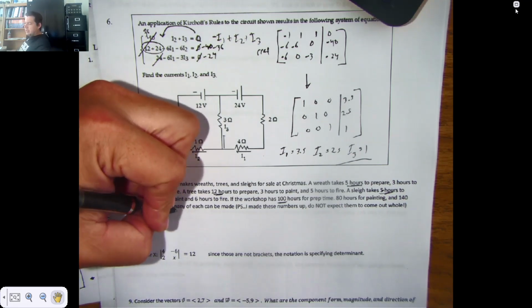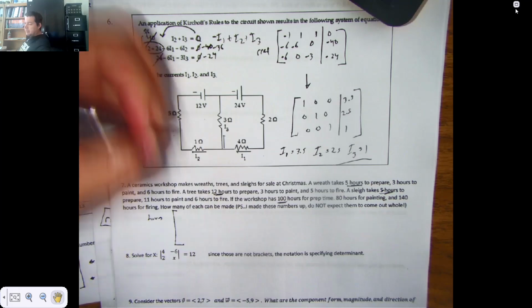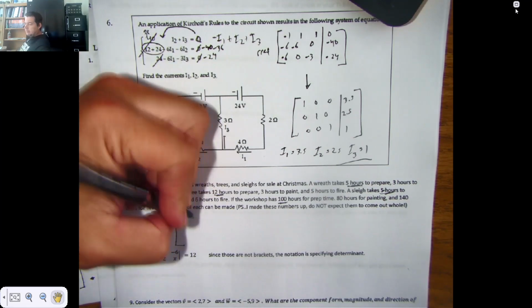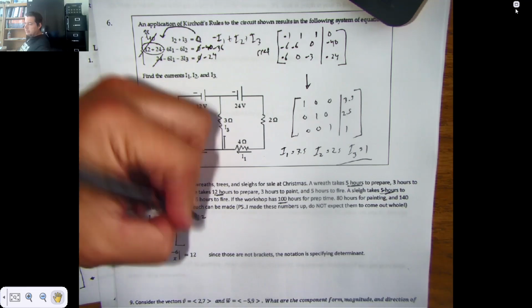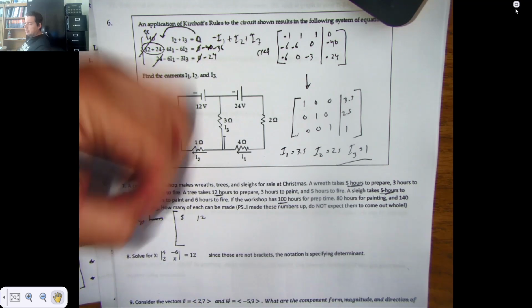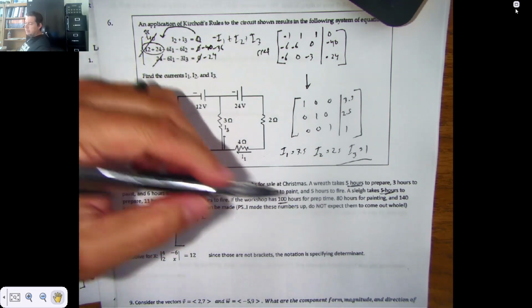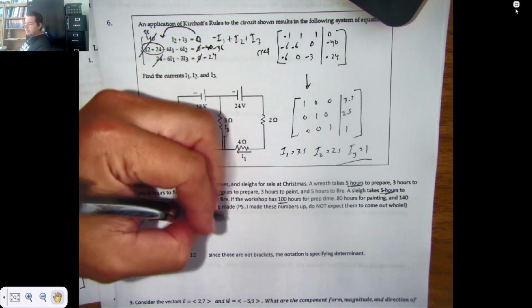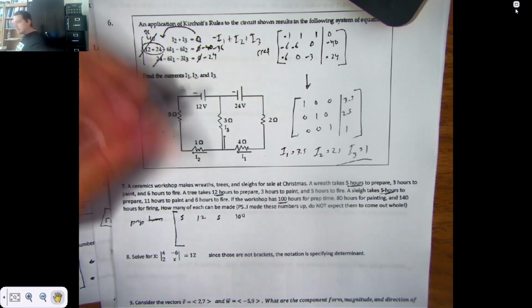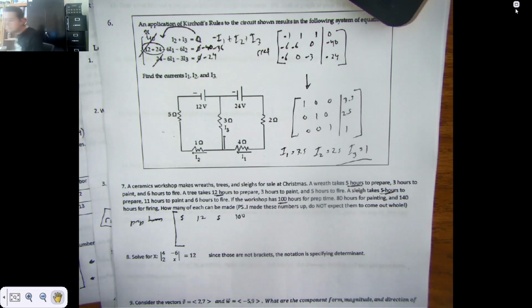I'm just going to go straight to the matrix form. 5, 12, sorry, that's hours of prep. This is prep time. Equals 5, 12, 5, 100. So that was talking about prep time.